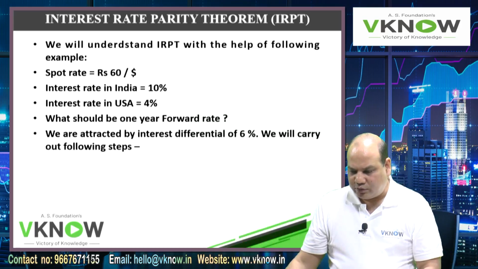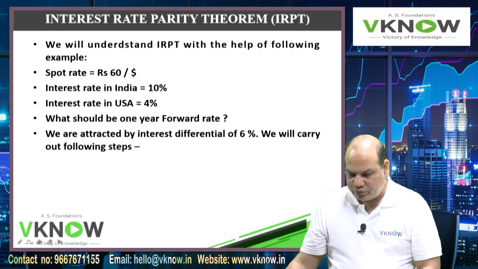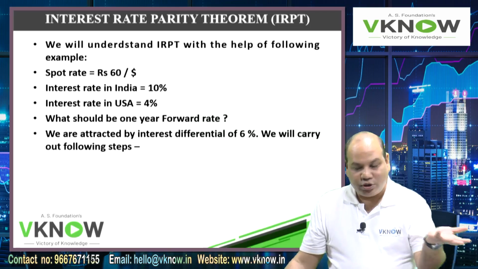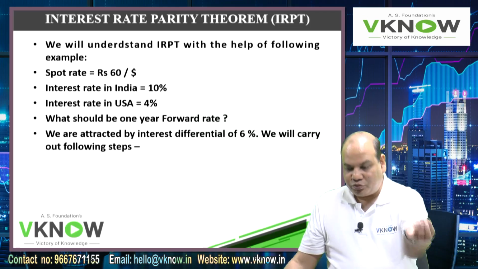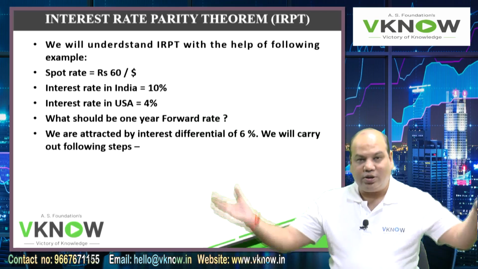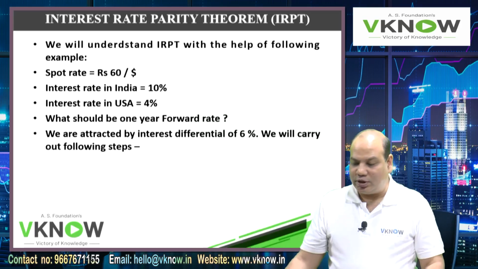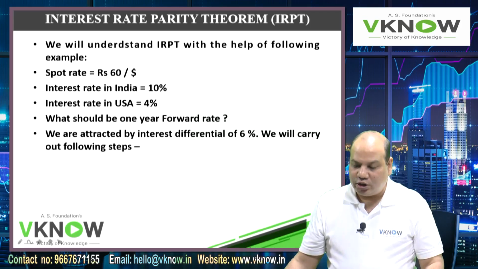In India the interest rate is 10%, in USA 4%. So normally, by looking at this rate, people will become very greedy. Oh, just borrow in USA at 4% and invest in India at 10% and enjoy a 6% differential.